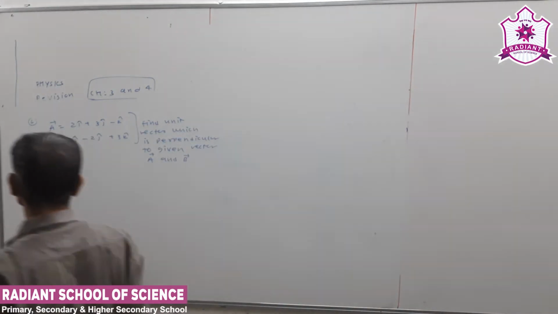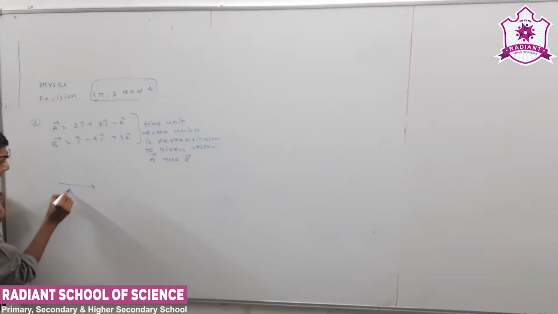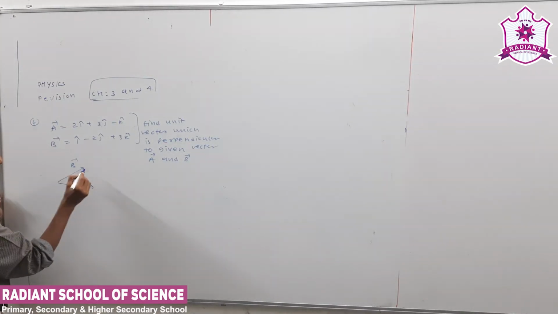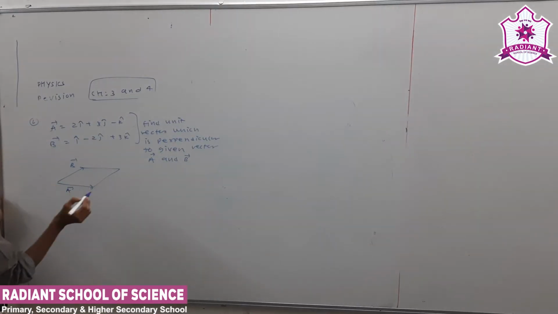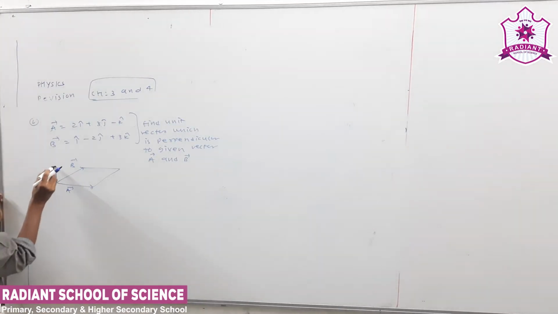Let us say the A vector and the B vector are given here. See, if I find the unit vector, the cross product.